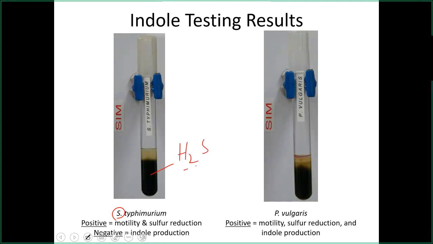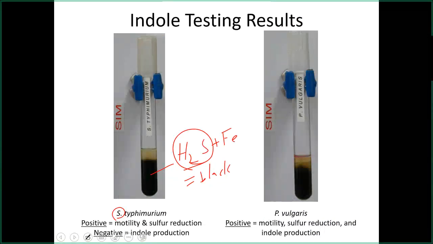Okay, so H2S and iron gives us a black color. So this was made, that indicates that there was sulfur reduction. You don't see a lot of growth up here because those organisms are not going to grow well in the presence of oxygen.